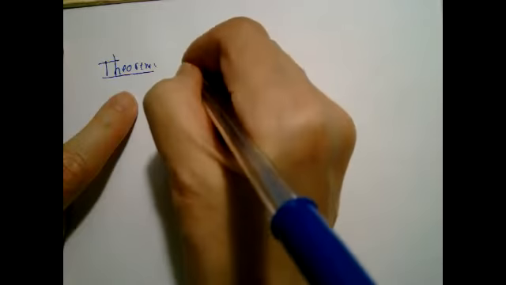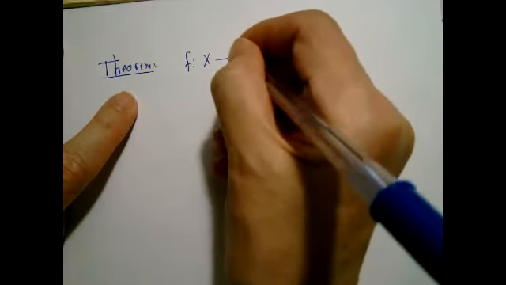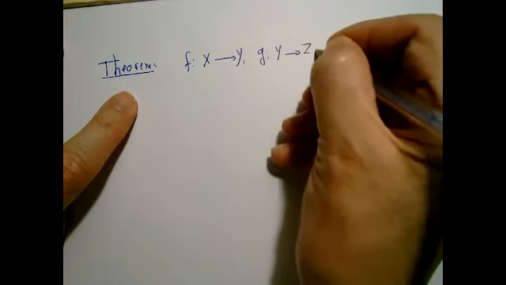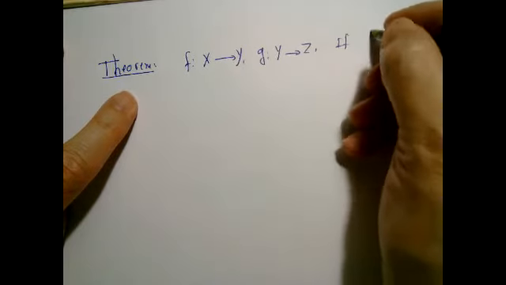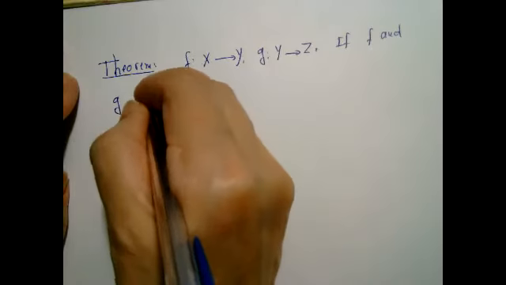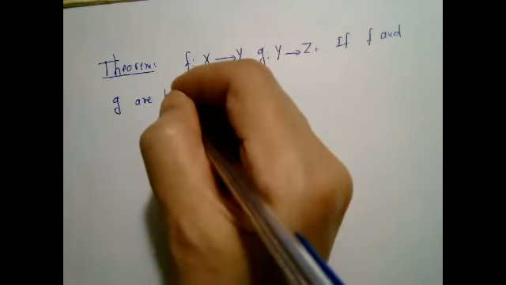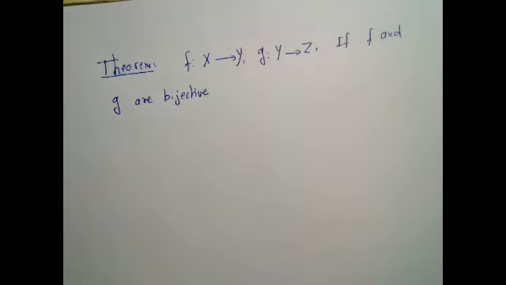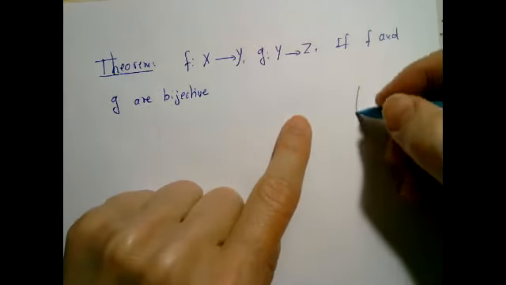So now we have the following theorem. Suppose F from X to Y and G from Y to Z. If F and G are bijective, remember, bijective means one-to-one and onto. This is the picture for bijective.